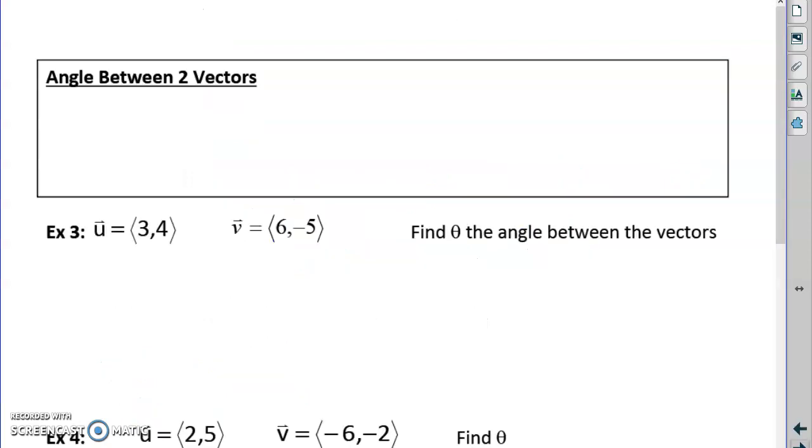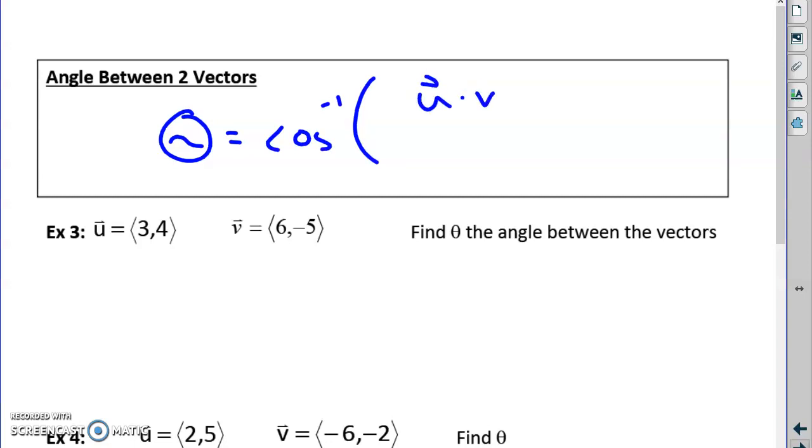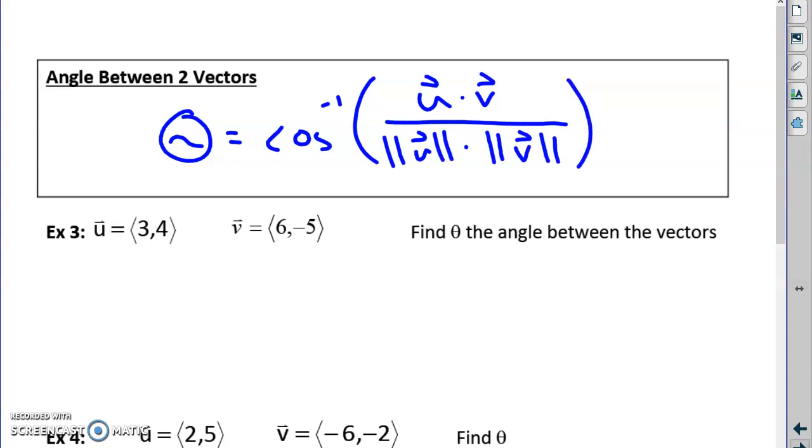The angle between two vectors, theta, is equal to cosine inverse of the dot product of the two vectors divided by the product of their magnitudes. Quite a complex formula, but we can do it.